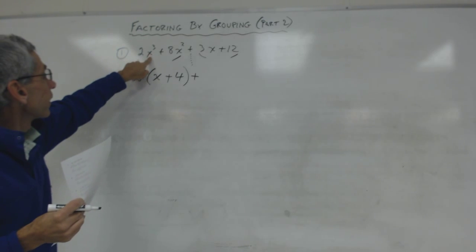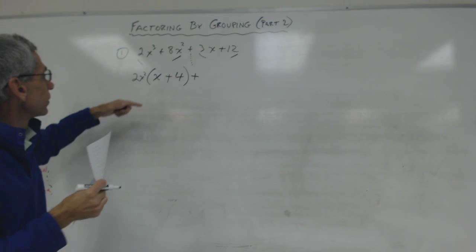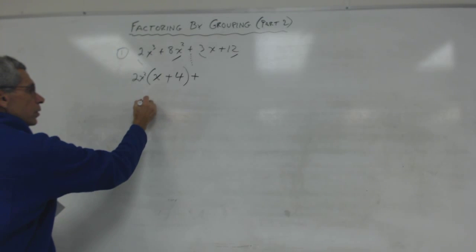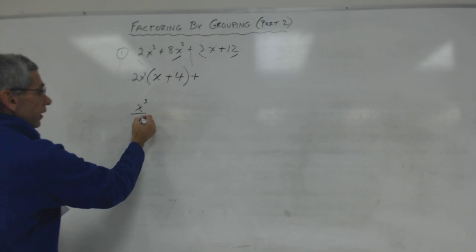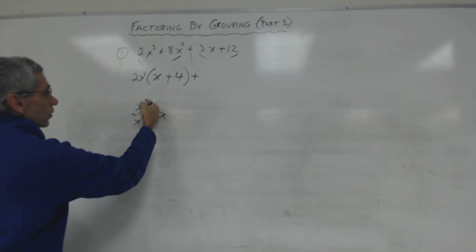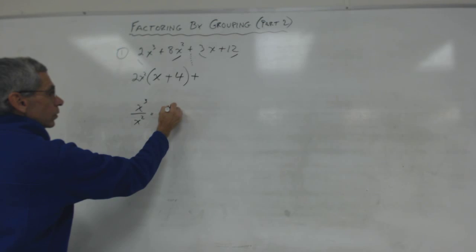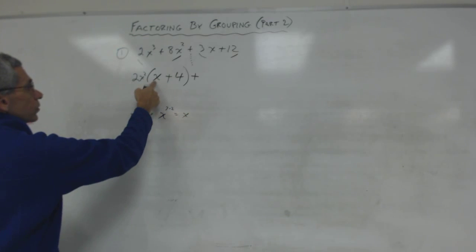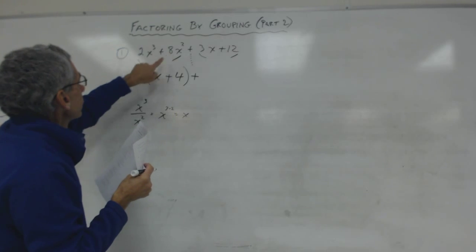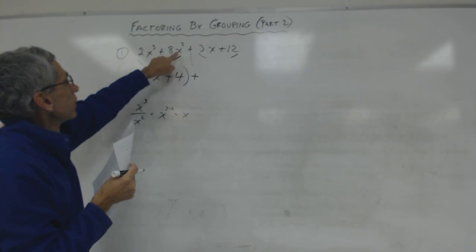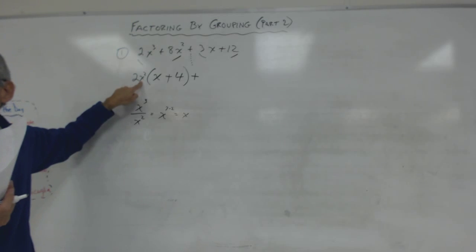Okay. And then I have x cubed divided by x squared, right? So that's x to the 3 minus 2, which is x, right? So that's my x. Okay. And then plus 8 divided by 2 is 4. X squared divided by x squared is just 1, right?